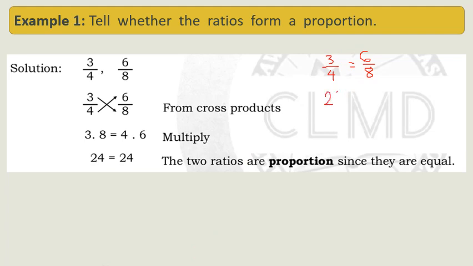Then, yung 4 times 6 is 24. Same po ba sila ng product? Yes, pareho sila. Since pareho po ang kanilang cross product, which is 24, yung 3 is to 4 at saka yung 6 is to 8 are proportion.